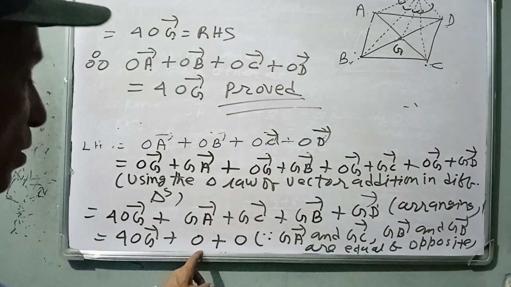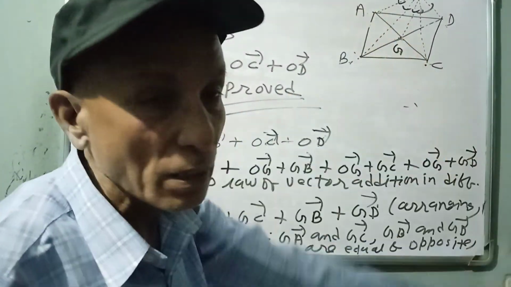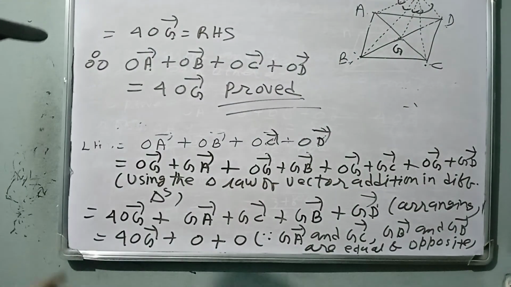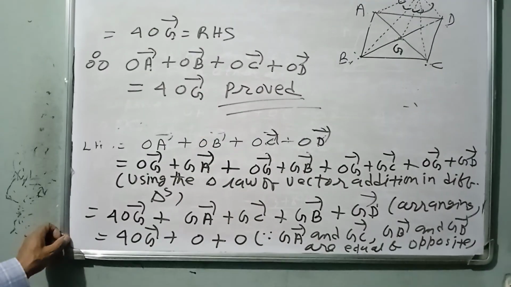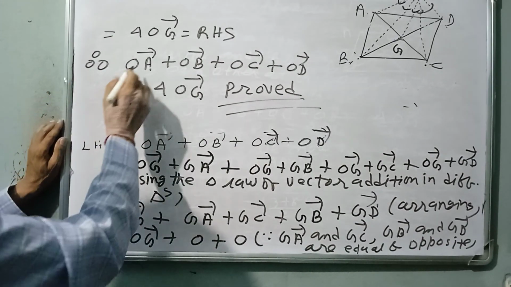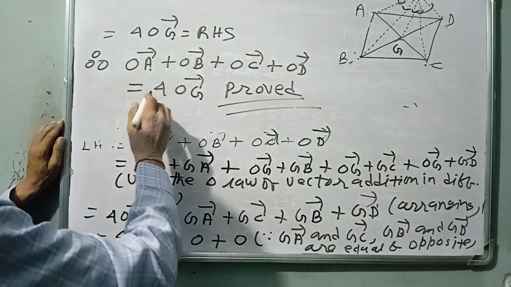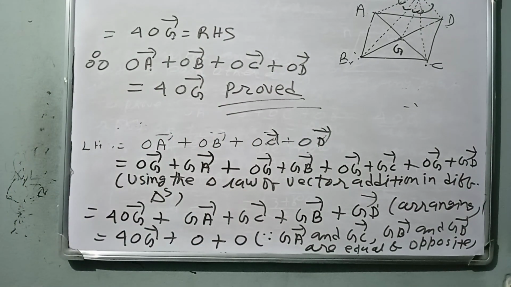Equal in magnitude and opposite in direction, so GA plus GC is 0, GB plus GD is also 0. 4OG plus 0 plus 0 is 4OG, right hand side proved. Hence, vector OA plus vector OB plus vector OC plus vector OD equals 4 OG, proved. This was for today. Next time, some others.